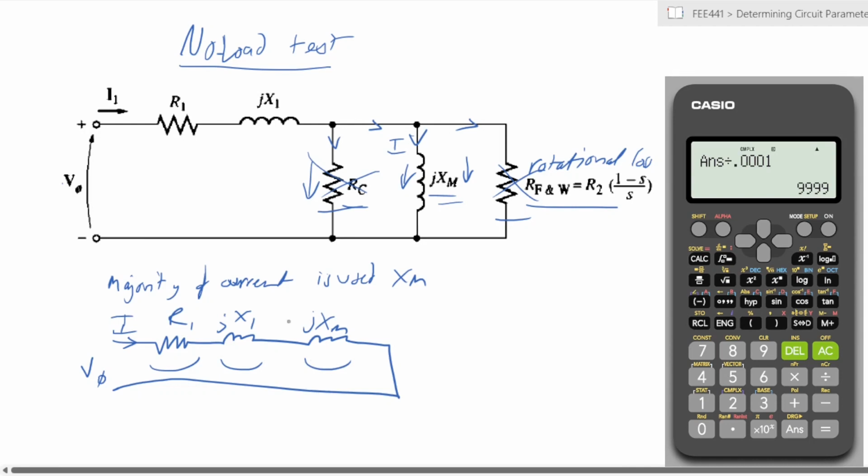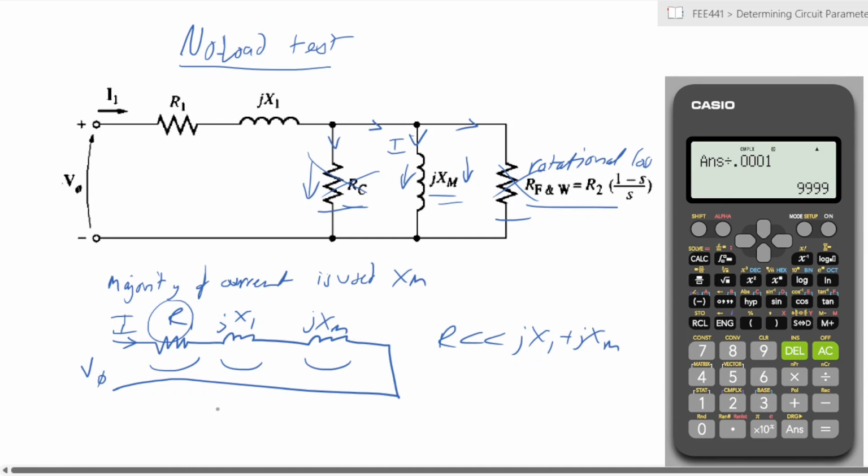What we will realize is, because it is no load and because this current is very low, the voltage being dropped by R1 is low compared to the voltage being dropped at these other elements.